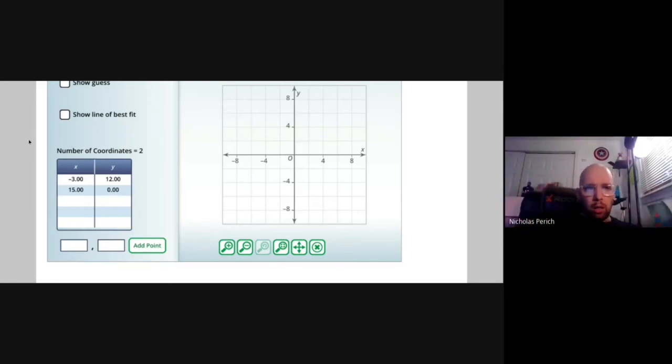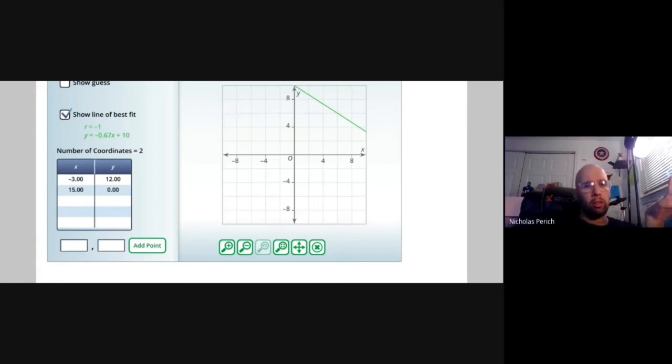I'm now going to click show line of best fit. And I'm not happy. Because it gives me a decimal for a slope. What is negative 0.67 or negative 0.6 repeating? Please, what is negative 0.6 repeating?